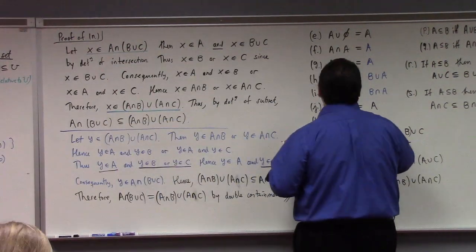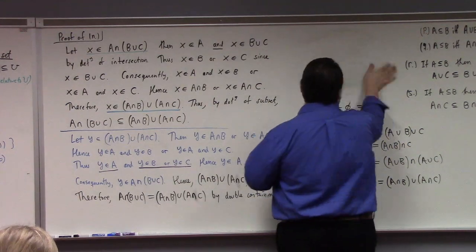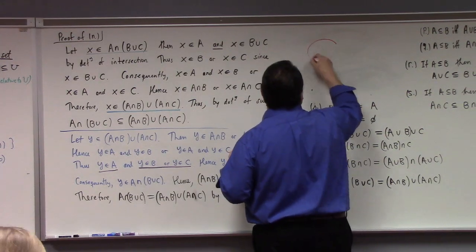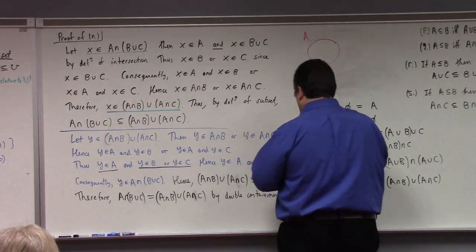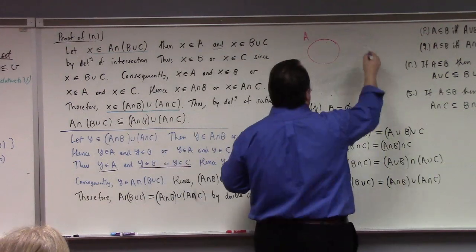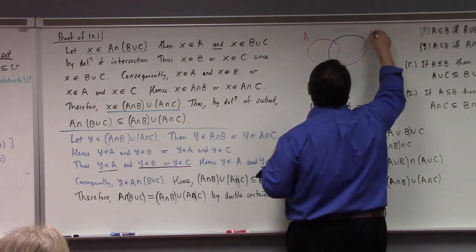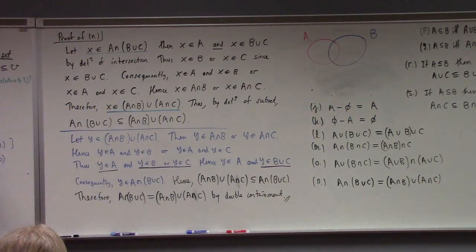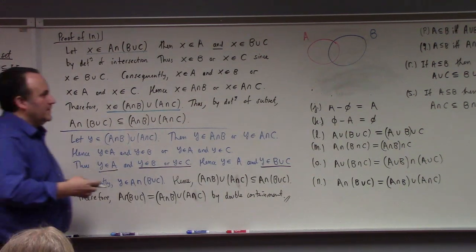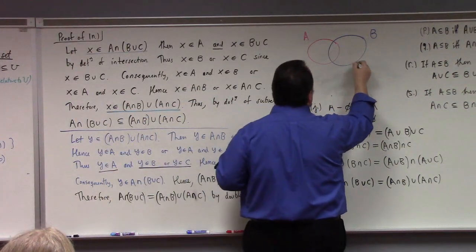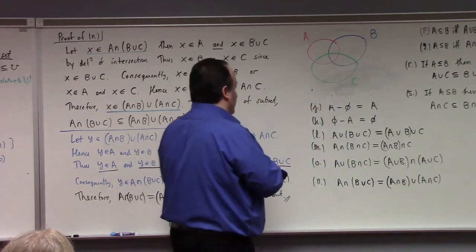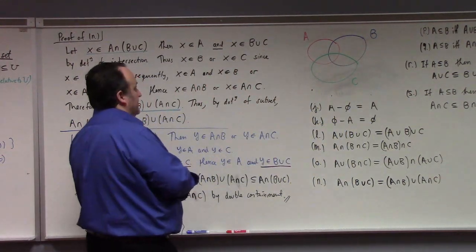So we've got A, we've got B, we've got C, right? And sometimes if you look at that, you can see how the proof works.